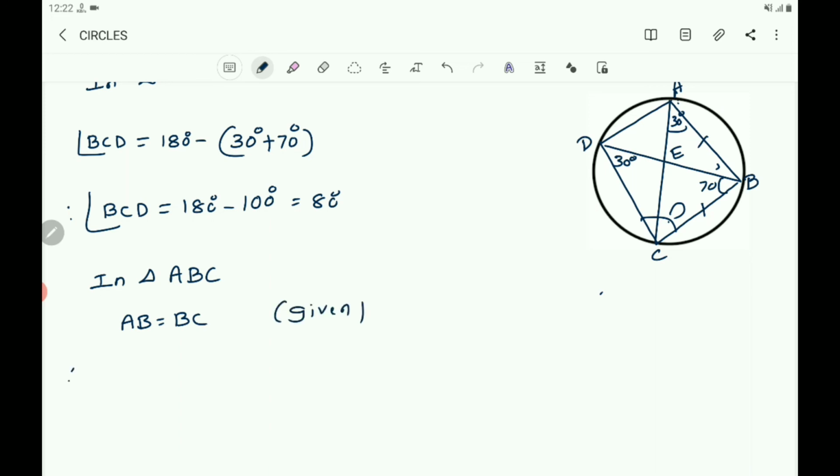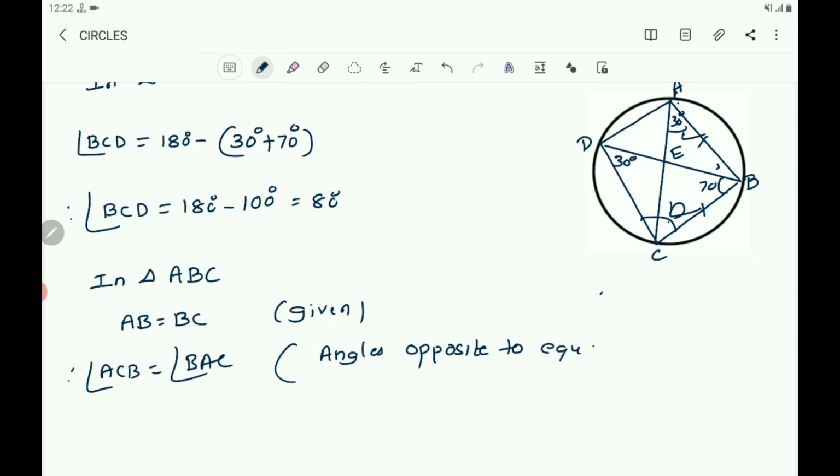Therefore you write the angles opposite to the equal sides are equal. So you write angle ACB equals angle BAC. So this angle is equal to this angle. You know that angles opposite to equal sides are equal.